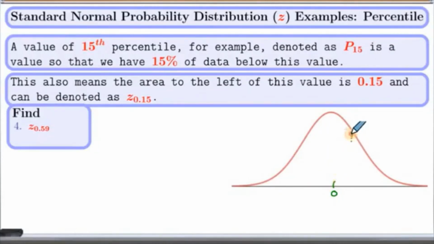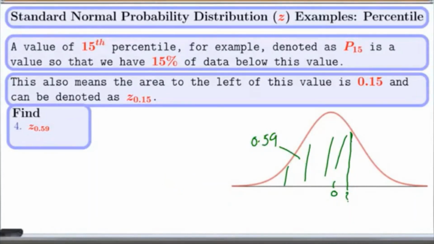So basically, we are looking at this value here and this area here to the left. So basically, this area here is 0.59. So let me just write that down here, 0.59.